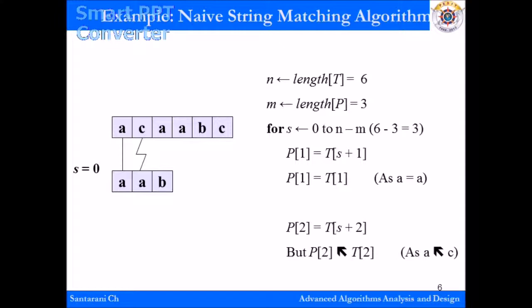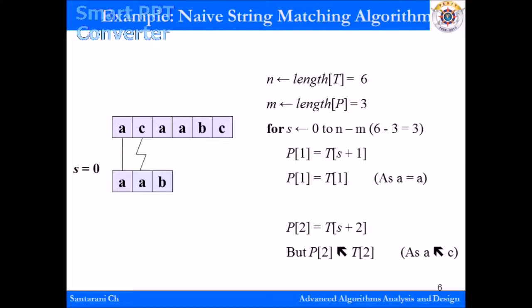Consider an example for this string matching algorithm. Here the text given is ECAABC, and the length n is 6, and the pattern is AAB, so m equals 3. For s from 0 to n minus m, that is 6 minus 3 equals 3.